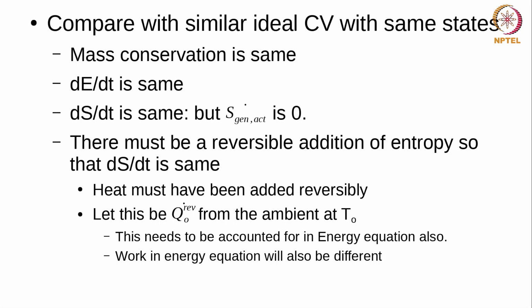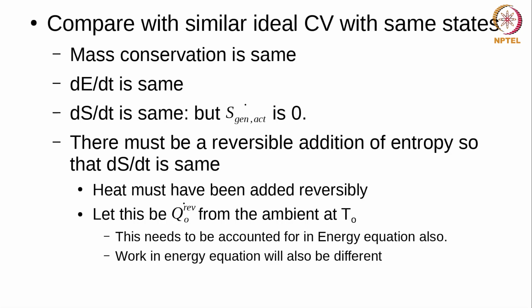But we are going to see what happens when the ideal control volume has processes which start at the same state as the previous actual control volume and also end at the same state. This is something we need to note down carefully. So the end state and the start states are the same and all inputs are the same.